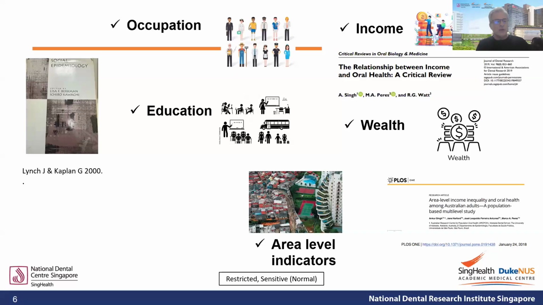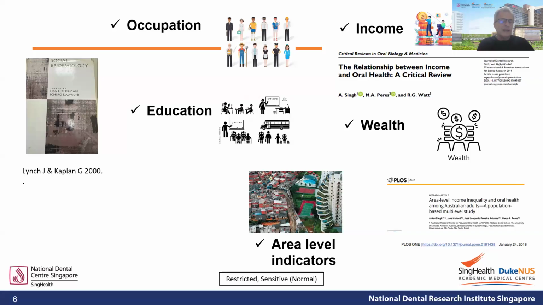Well, usually in epidemiology, what are the most used socioeconomic indicators? This book that I presented here, edited by Lisa Berkman and Kawachi, presents a very comprehensive overview of it in one particular chapter, if I remember well, chapter 3, written by John Lynch and George Kaplan.